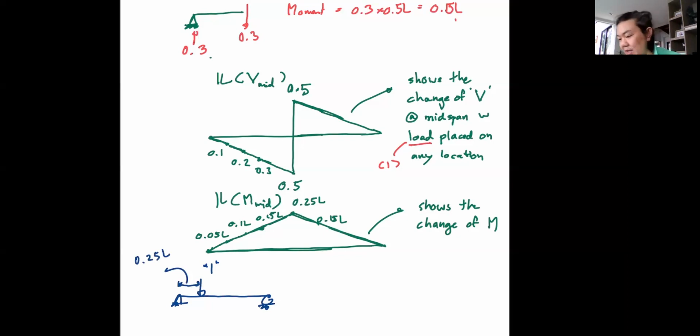I can just come to the influence line and say, okay, 0.25 L is here, because that's the location of the load. And then I can look at the value. And now I know the shear at midspan will be equal to minus 0.25.